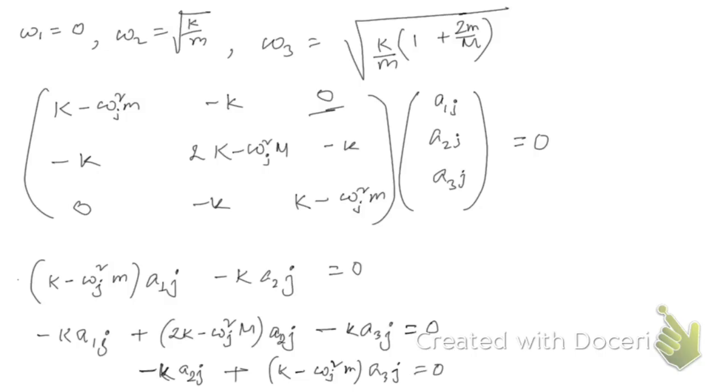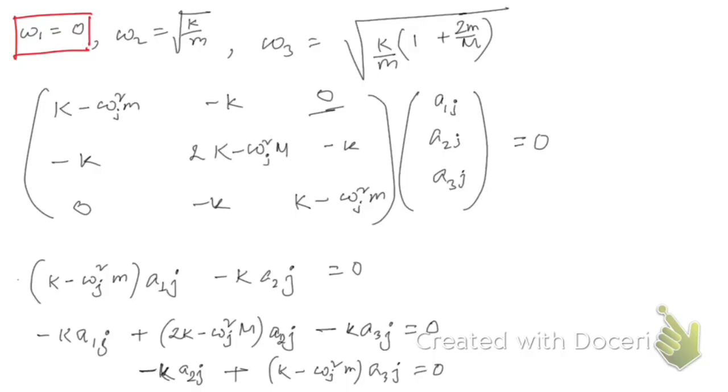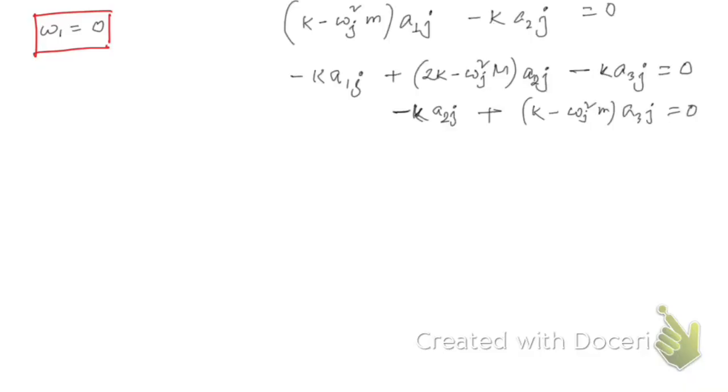Now here you see, first we're going to solve it for omega equal to 0, right? So that is the first mode. Let me copy this, omega 1 equal to 0. So this is omega 1 equal to 0, and let me copy and write these three equations.